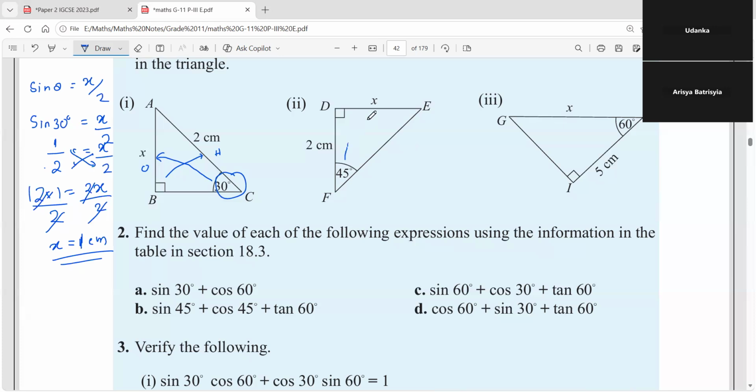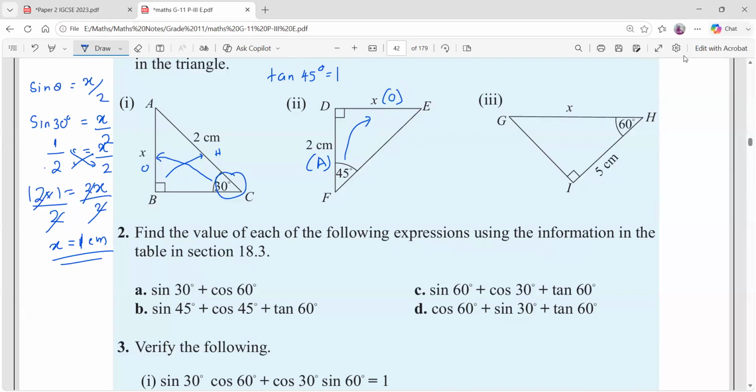According to this one, what is there? Opposite. This one, adjacent. Opposite over adjacent is tan. I will give tan 45. Tan 45 value is 1. If tan 45 value is 1, can you find this x value?